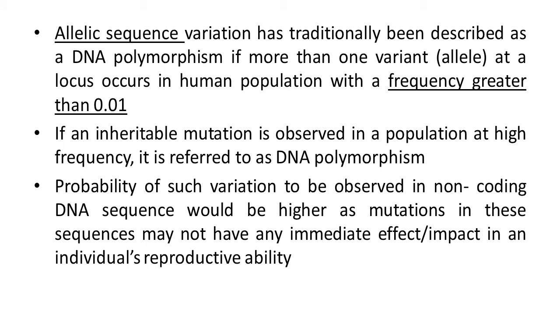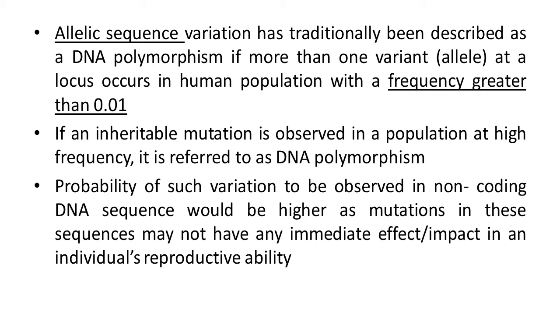Allelic sequence variation. Allelic sequence, as you know, as per Mendel's terms, what is an allele? For each and every character, responsible dominant and recessive factors are there, alleles are there. Allelic sequence variation has traditionally been described as DNA polymorphism.